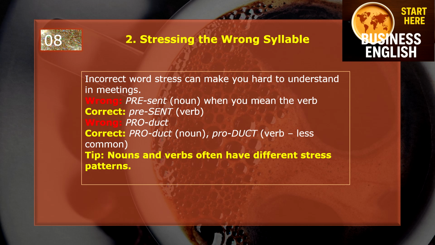Wrong one as well would be product, when you want to say it's a verb, but you pronounce the first syllable. So the tip here is nouns and verbs often have different stress patterns. As I said, noun will have the stress on the first syllable and the verb will have the stress on the second syllable.